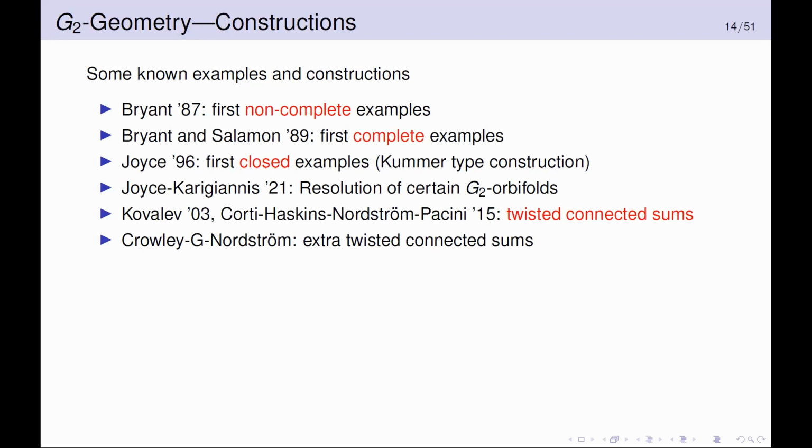I'd like to talk about these things today. Together with Crowley and Johannes Nordström, we have added a little extra twist to this. And maybe you will see a few slides later what this extra twist is good for.